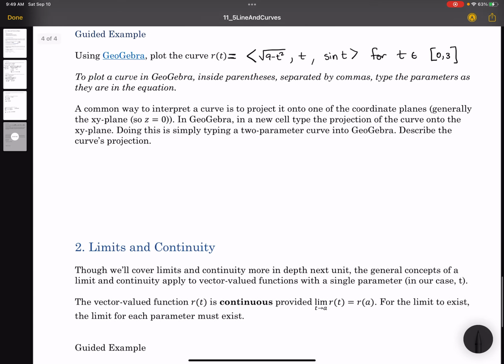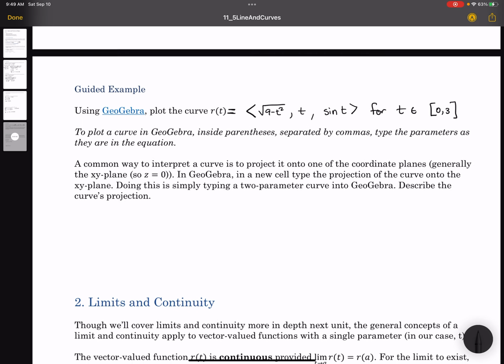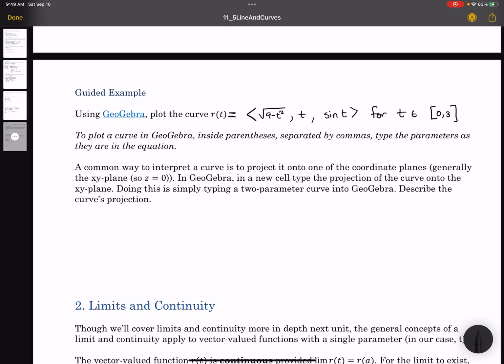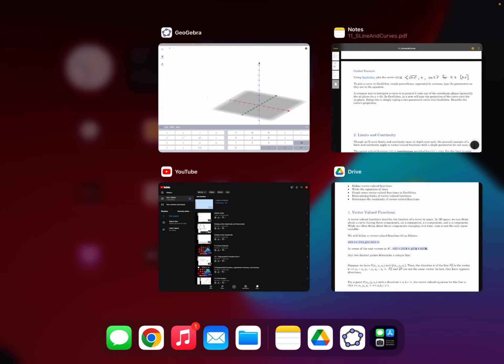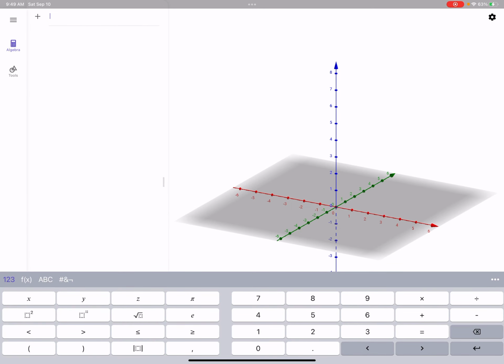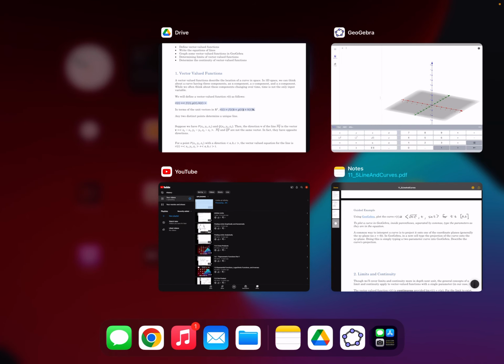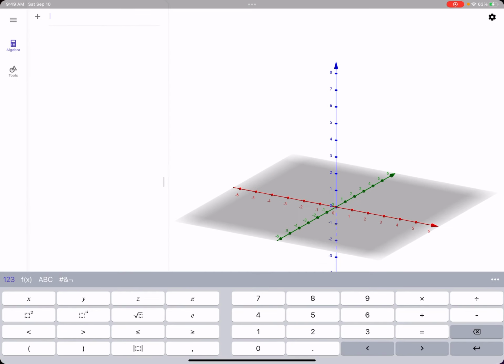So lastly, for the curve stuff, we're going to plot a function in GeoGebra. I think the components were the square root of 9 minus t squared. So to plot this, we need to just put in 3 components.